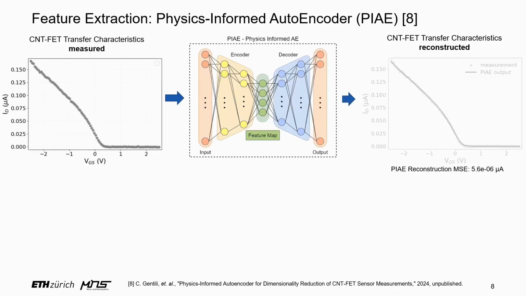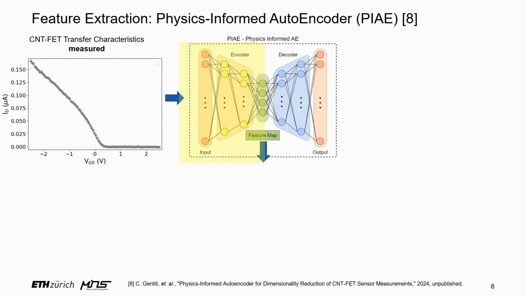But first of all, what is an autoencoder? Basically, it's a type of neural network architecture that is widely used for dimensionality reduction or feature extraction, because it encodes the input into a compressed representation, and from it decodes back to reconstruct the input data.